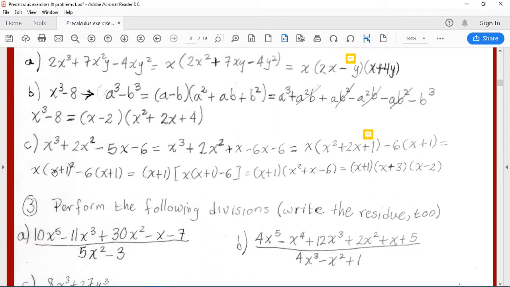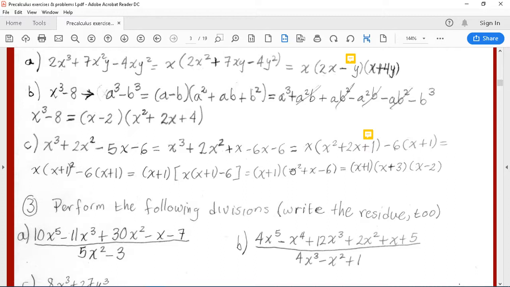So I can factor out the x plus 1, and I have x plus 1 times, within brackets, x times x plus 1 minus 6. So let's work out the term within the brackets. x times x is x squared. x times 1 is x, and I have x squared plus x minus 6.